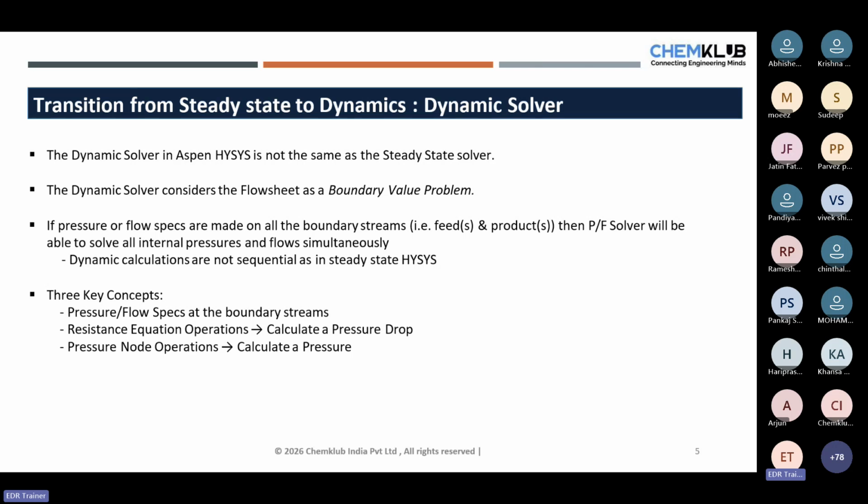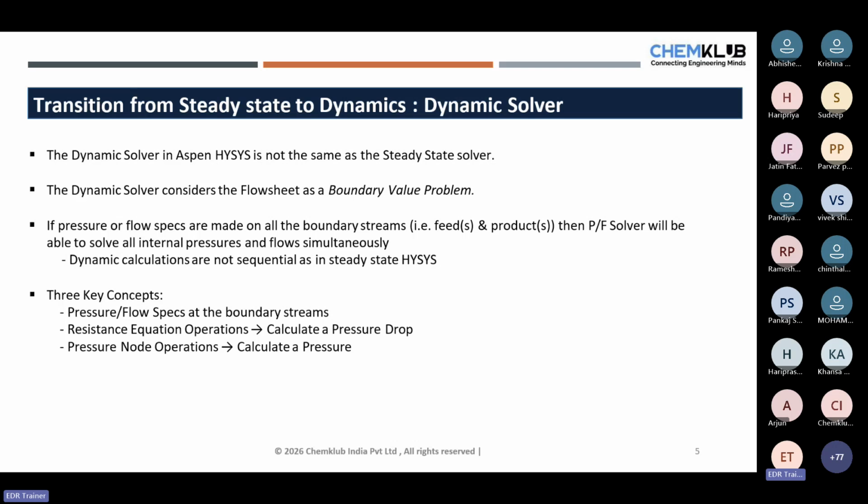If you have used HYSYS earlier for steady state simulation, once you define your first stream and add a separator downstream, the separator is automatically solved, and it tells you the vapor phase and liquid phase compositions, etc.